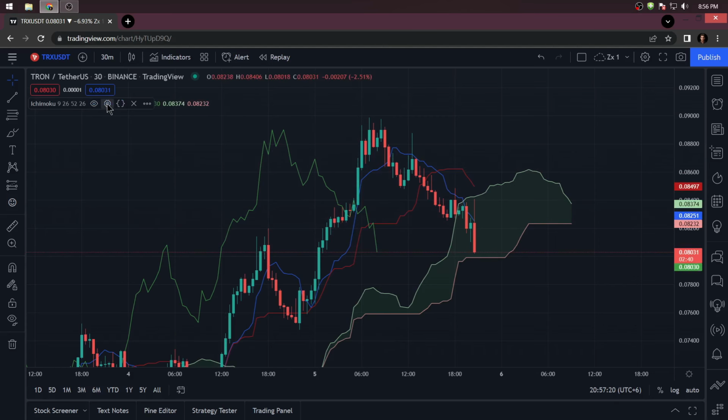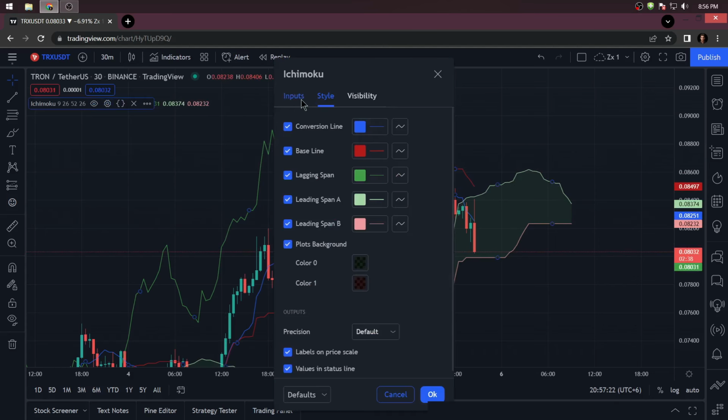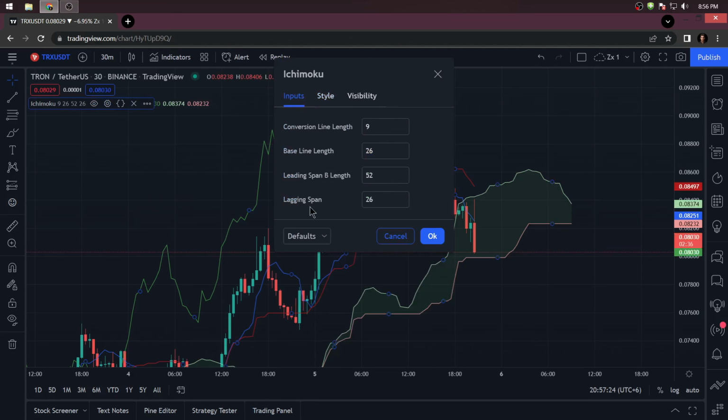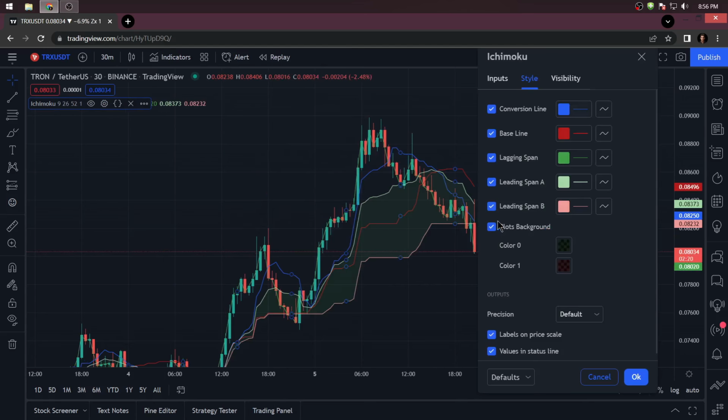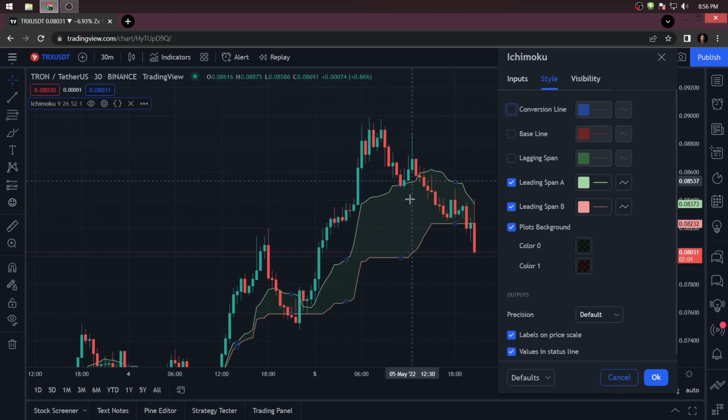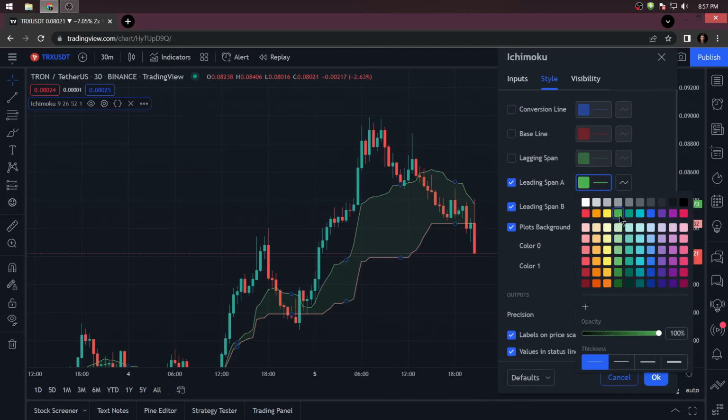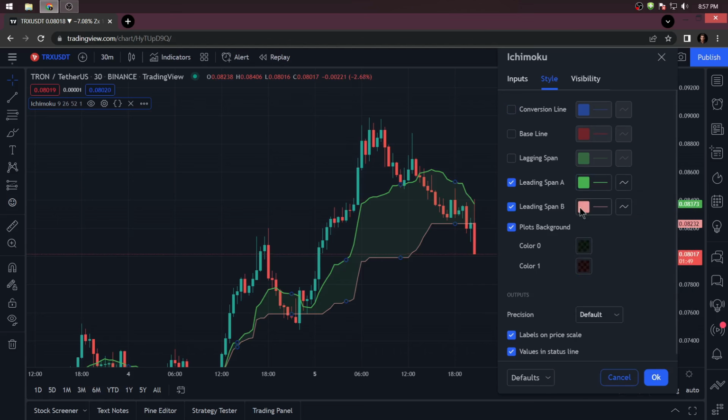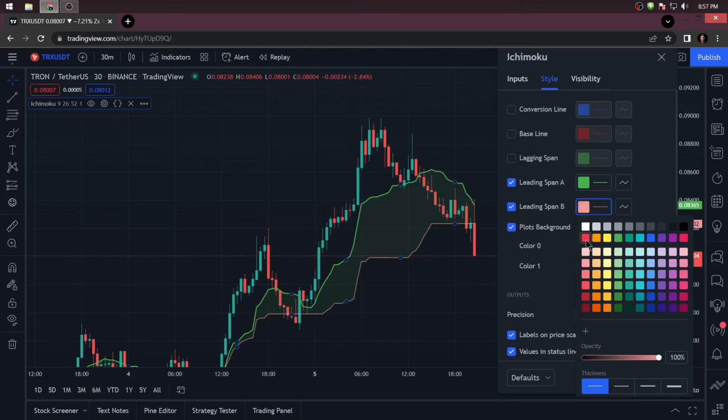So I simply go to the Ichimoku cloud settings, and from the inputs I change the lagging span to 1. Then I go to the style tab, and from here I just need leading span A, leading span B and the plot background, and uncheck everything else. To look more attractive, I change the color to green and make the thickness bolder, and for leading span B I make the color red and also change the thickness.